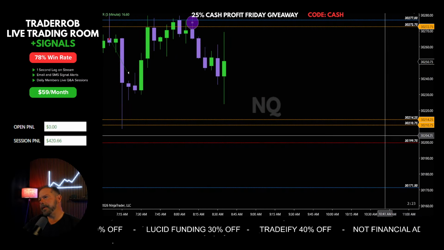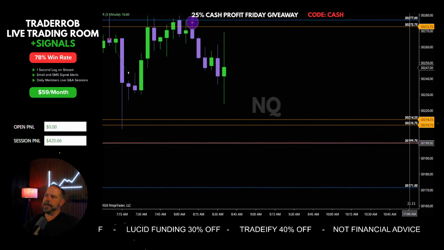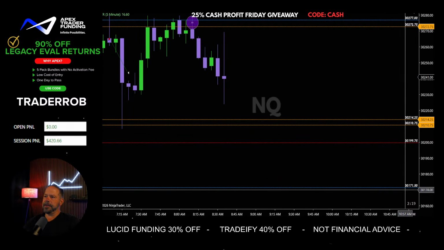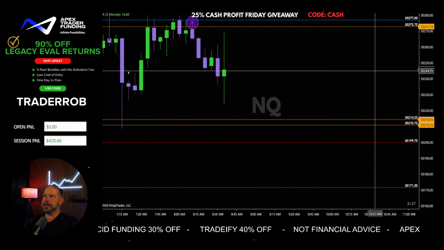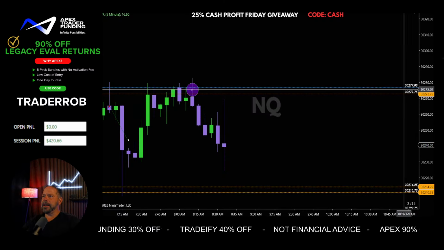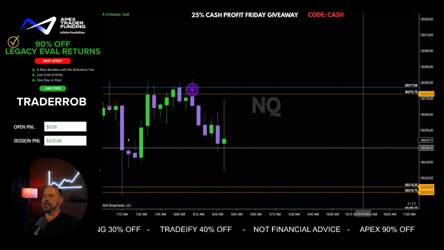All right, so pre-session point of control is at 3199.75, value area low is sitting at 3171.50, and the value area high for the pre-session is at 3277.